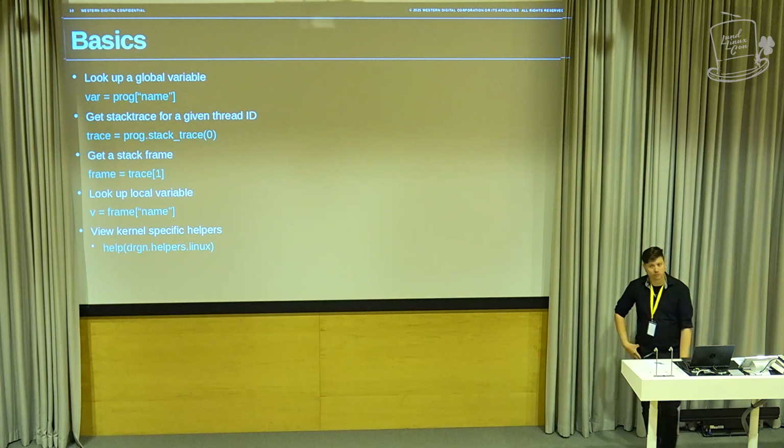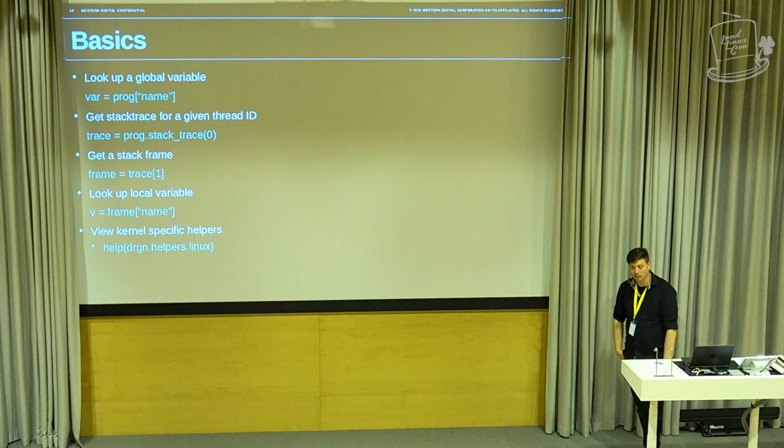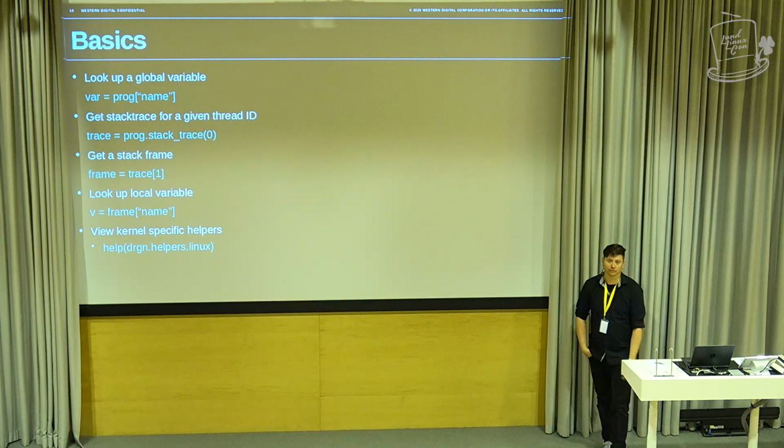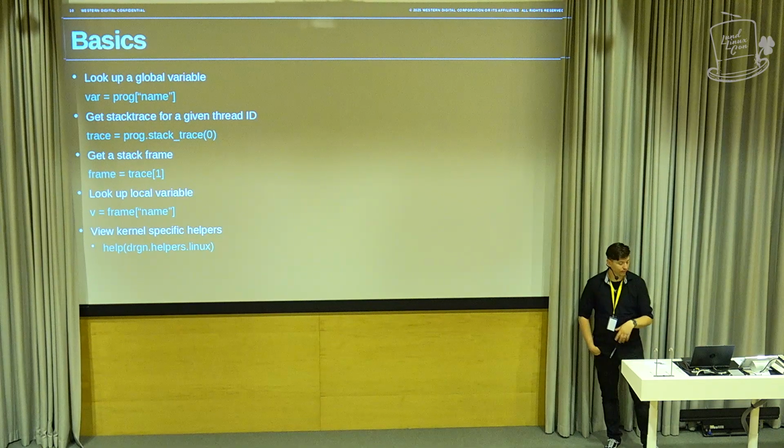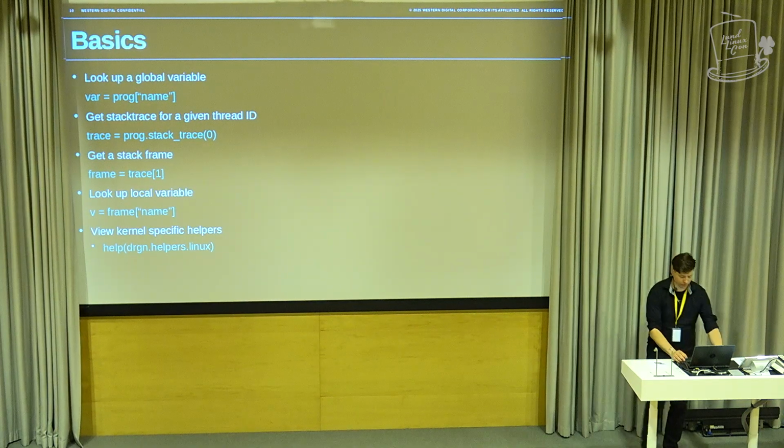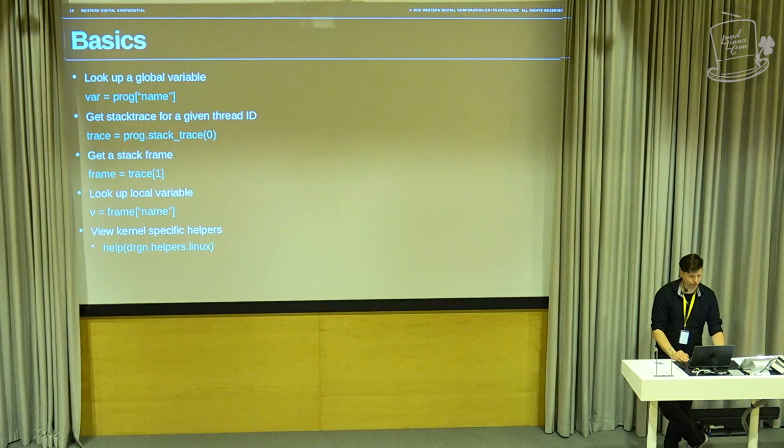You can dereference a frame from that stack trace and have that frame as a local variable, then look up local variables of that one stack frame, and, well, documentation. Just read the docs. It's very well documented.